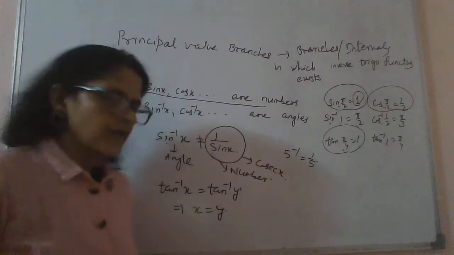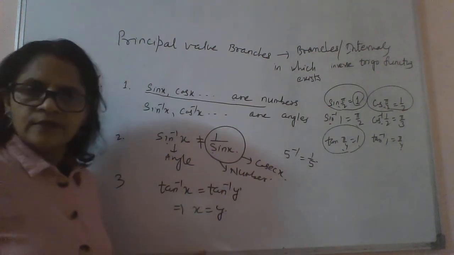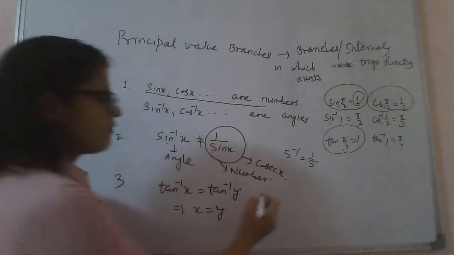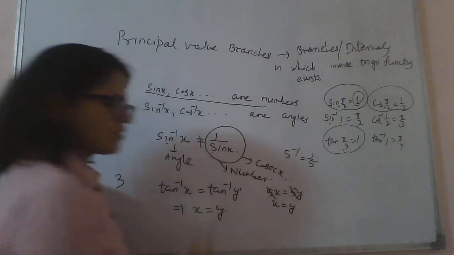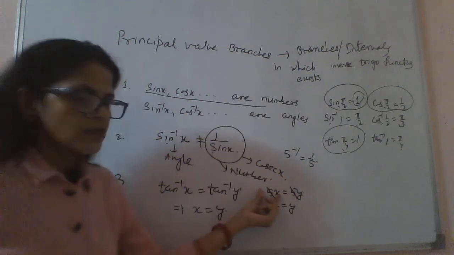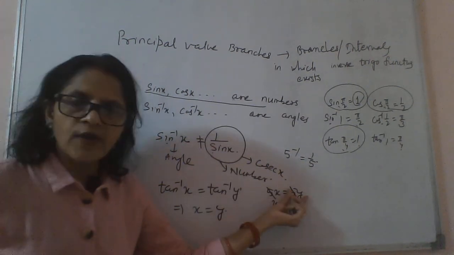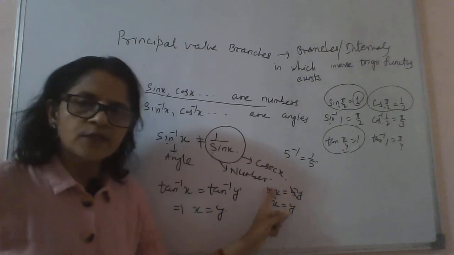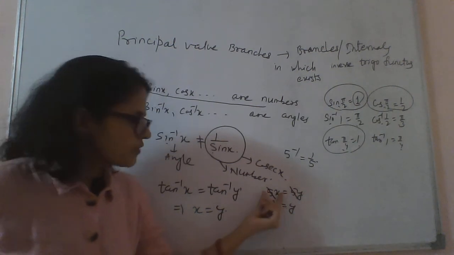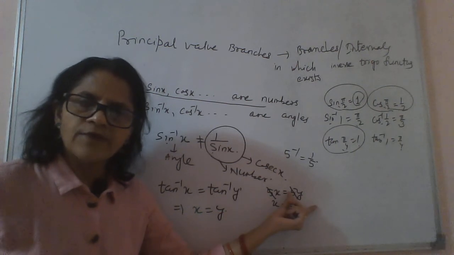Here students cancel the tan inverse on both sides. See, whenever you have 5x equal to 5y, we cancel it and write x equal to y. Because 5x equal to 5y means 5 is multiplied on both sides, so we can divide both sides by 5.